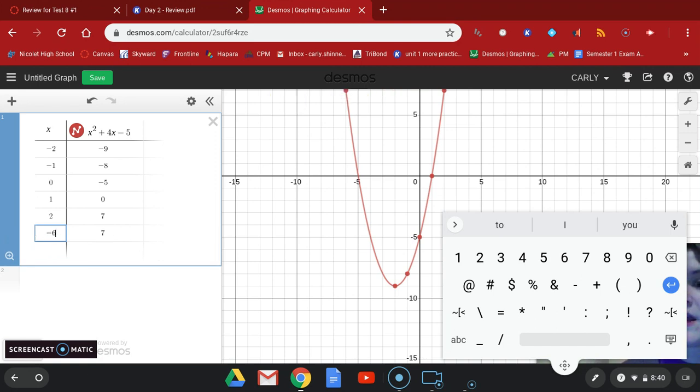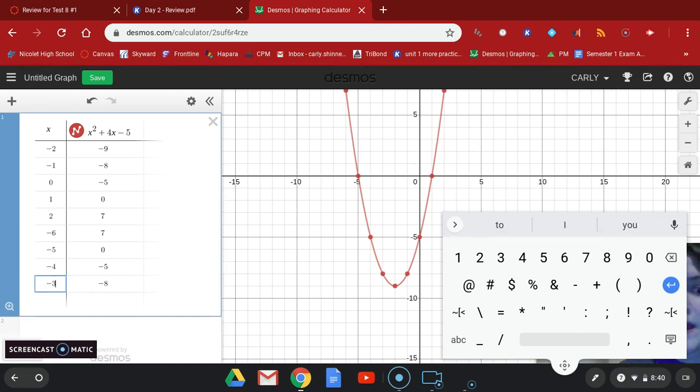So -6, enter, -5, -4. So I'm just entering in all the extra x values we need. And then I'm going to add those to my table in the other document.